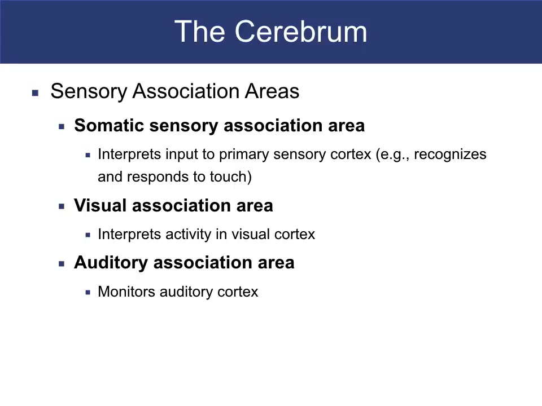There are also association areas. I don't make a big deal out of these. But it only makes sense, if you've got this really complex machine called a brain, that it's going to have areas that associate things together, right?